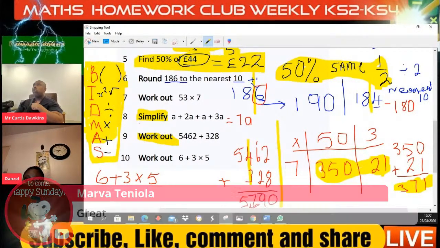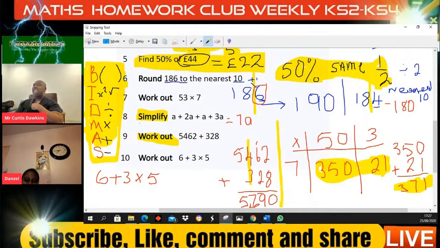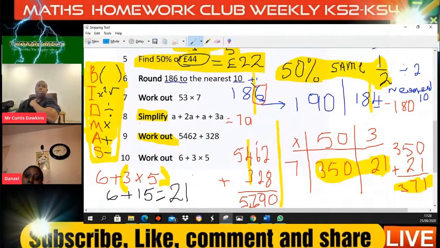You see the multiplication here, so you're going to do 3 times 5 first, which gives us 15. So you're going to have 6 plus 15, which equals 21. Make sure you copy this in your book.